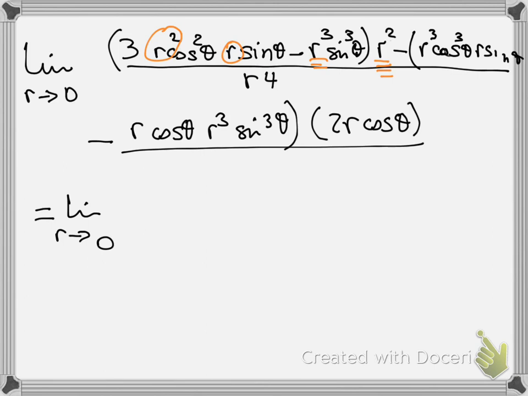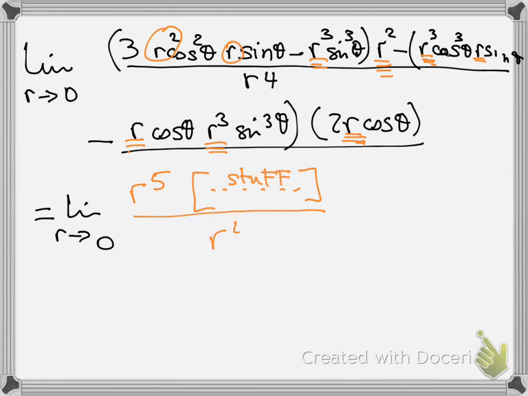Here is the same thing, r cubed times r, so that's r to the 4th, but then there's this r here, so that'll be r to the 5th. And same here, r times r cubed, that's r to the 4th times r, that'll be r to the 5th. So basically you have r to the 5th in the top, we can factor out r to the 5th in the top times some stuff here, okay, over r to the 4th.